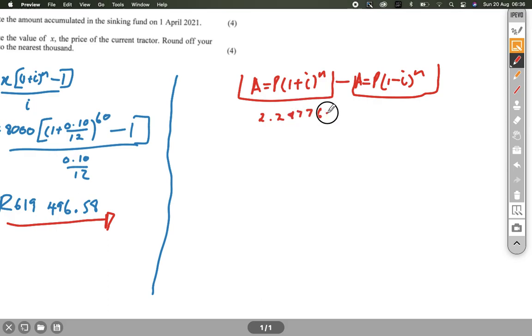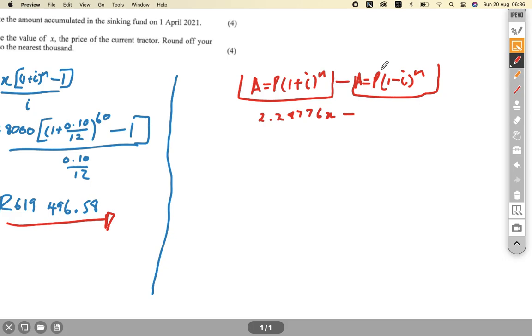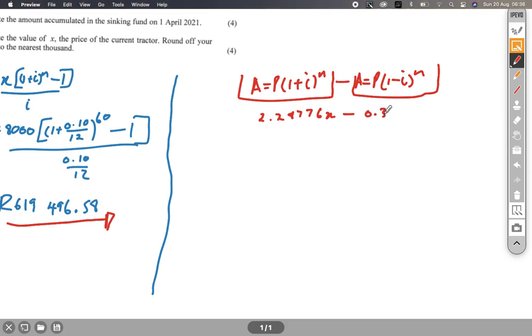So now we got our values here, which was 2.28776 multiplied by x. Then this side we got 0.32768 multiplied by x. Now remember that she had already calculated that she will have enough money to buy the new tractor. So this means we have to equate it to this amount.